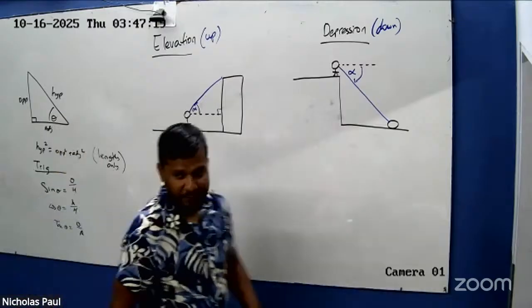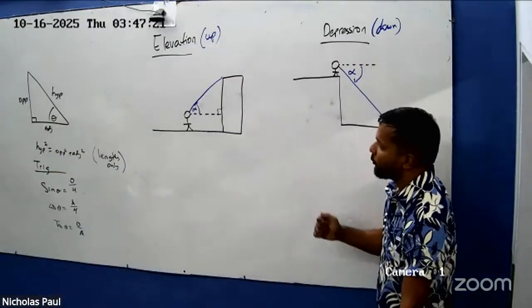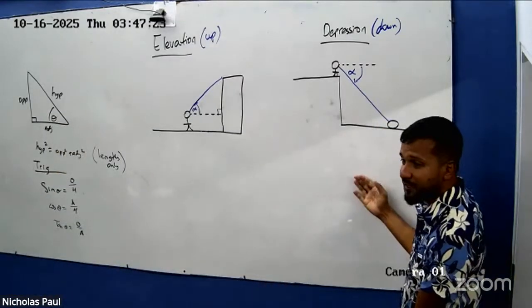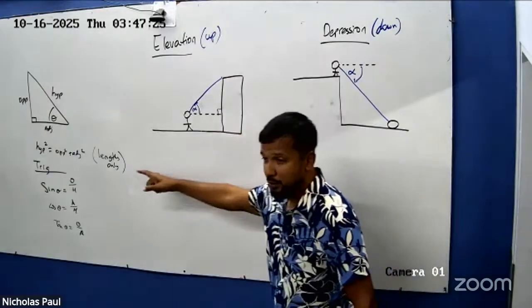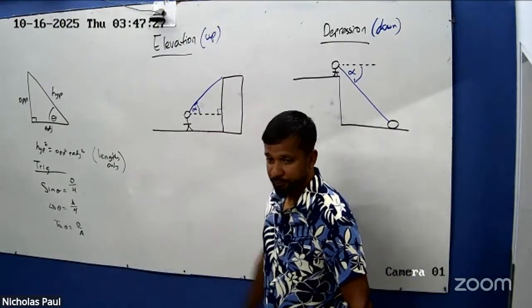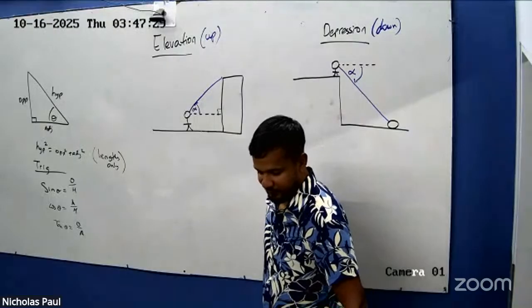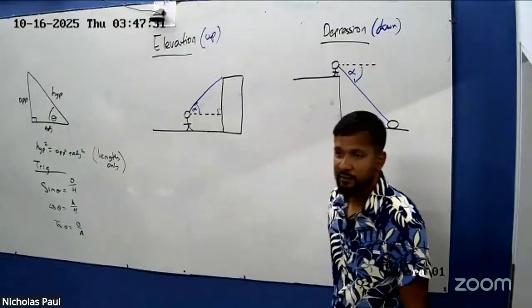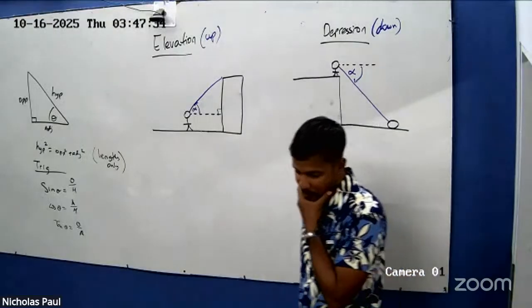All right, so what we're going to do now is construct diagrams like this and then apply trig ratios. We should have a calculator, please.